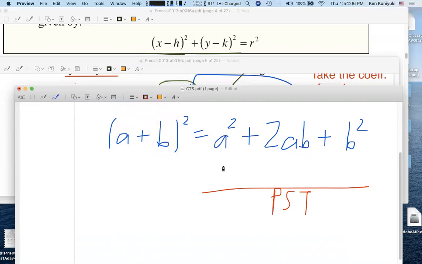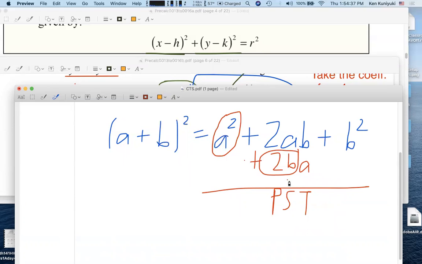So if we're starting off with an a squared term, and an a term over here, really I should write this as plus 2ba. Okay, so we have the a squared here, and 2b is the coefficient on a over here.